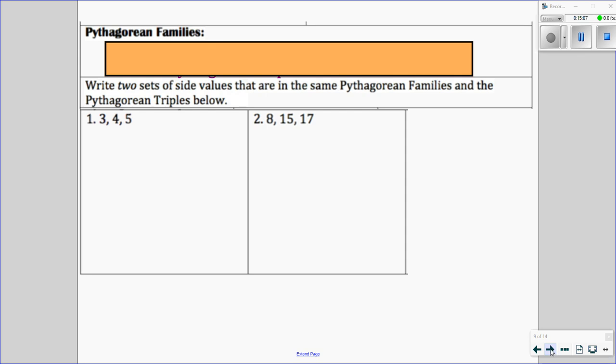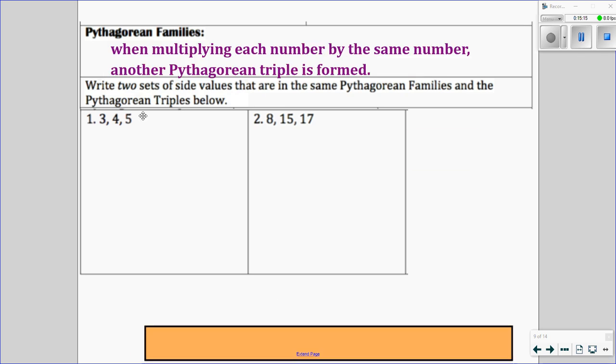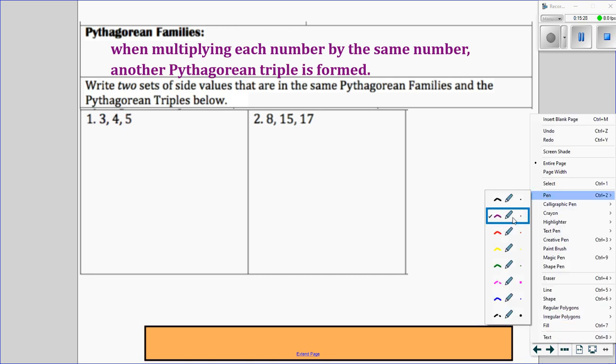Okay, we talked about Pythagorean triples. The next one is Pythagorean families. Basically, when you multiply each number by the same factor, another Pythagorean triple is formed. For the first example, we got 3, 4, 5.